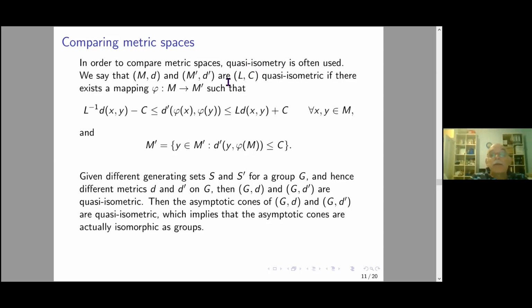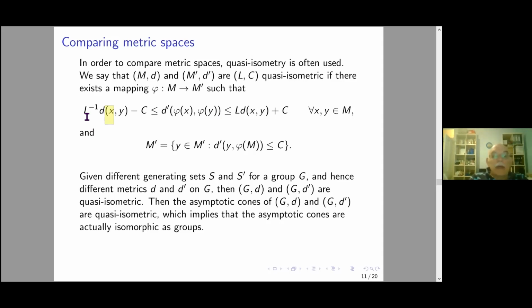Two spaces are quasi-isometric with constants L and C if I can write down an inequality like this, that the distance in the new metric space between the images of two points is related to their distance in the original space with some constant L here, L to the minus 1 there.